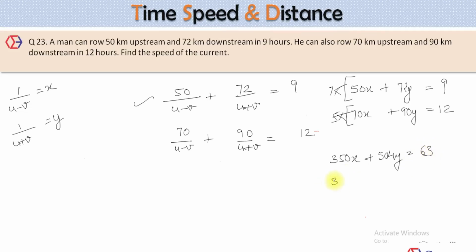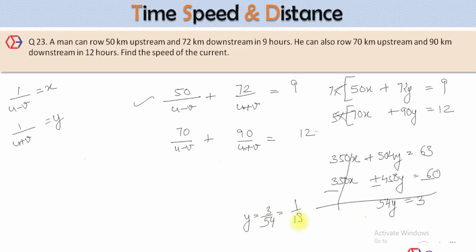The second equation will be 350x again plus 5 into 90 will give you 450y is equal to 60. When you take the difference, what you will get? This will be cancelled out. This will be 54y is equal to 3. So we'll get y is equal to 3 by 54. That means 1 by 18.